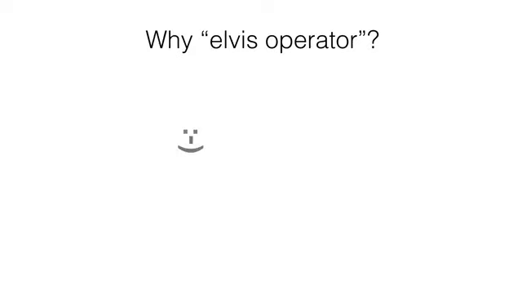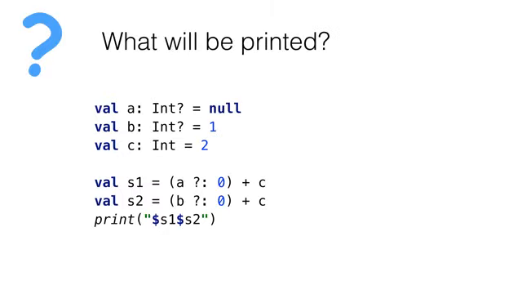You can guess it if you read the operator as an emoticon. This name comes from Groovy, and actually a whole bunch of operators come from Groovy, and there they proved to be very useful for working with expressions that can be null. So this Elvis operator is not a Kotlin invention.